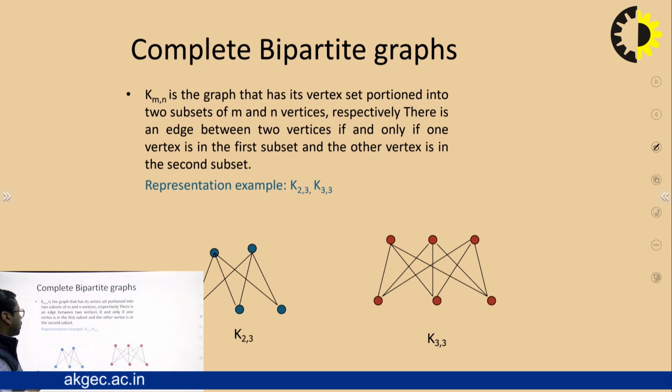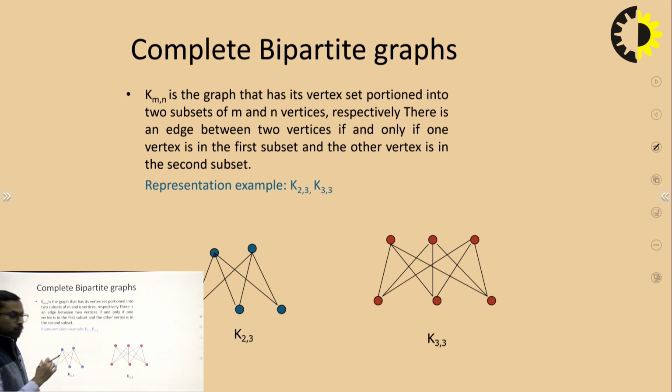What is the complete bipartite graph? A complete bipartite graph is one where, let's suppose, there exist two sets A and B, and set A contains some nodes and set B contains some nodes also.